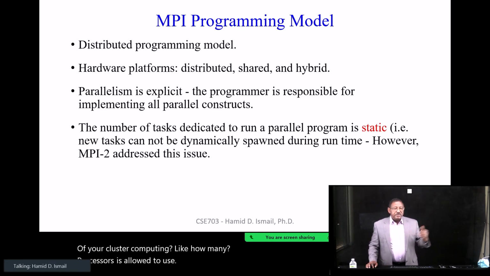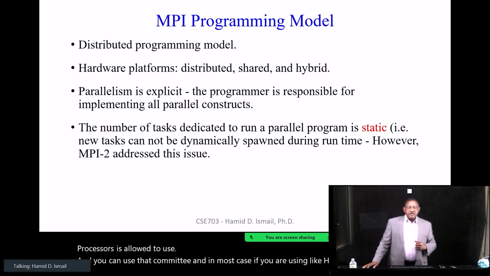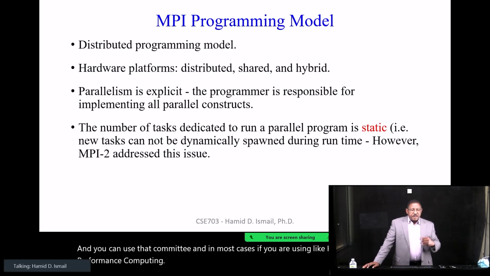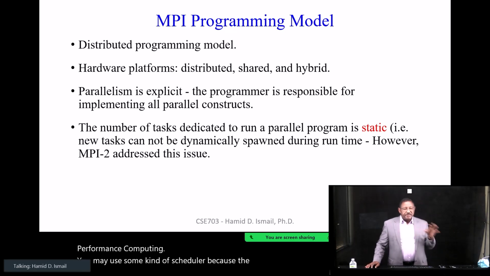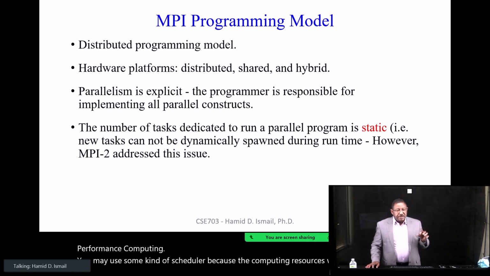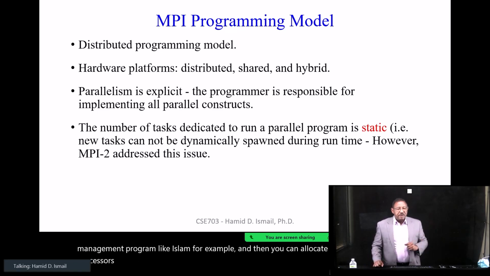In most cases, if you are using HPC, high performance computing, you may use some kind of scheduler, because the computing resources will be managed by a management program like Slurm, for example, and then you can allocate a specific number of processors and a specific size of memory and so on.